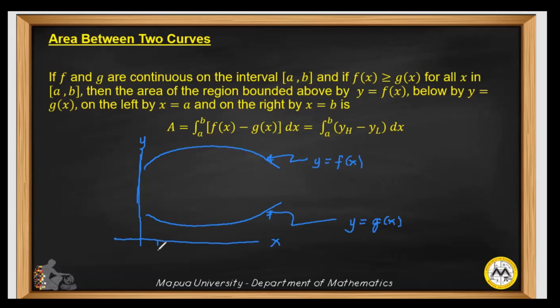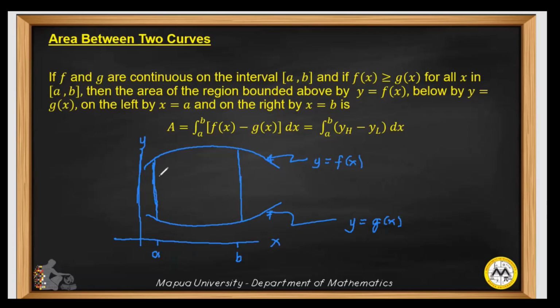So let this be x equals a, and let this be x equals b. We are considering the closed interval from a to b, and f of x and g of x are continuous within the closed interval. So the region will be bounded on the left by x equals a, and on the right by x equals b.